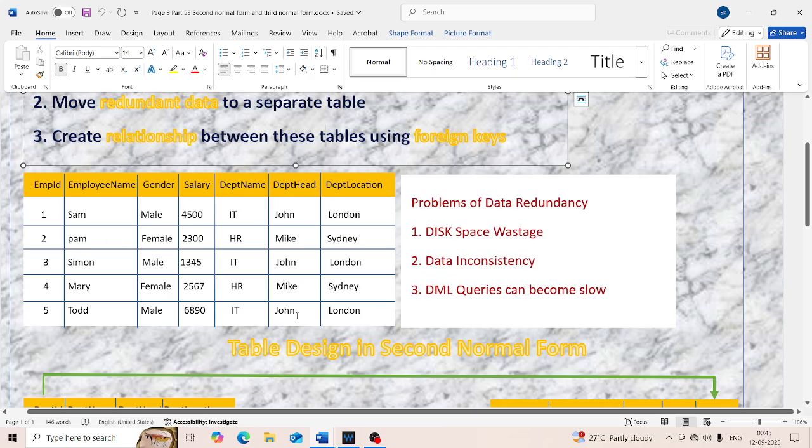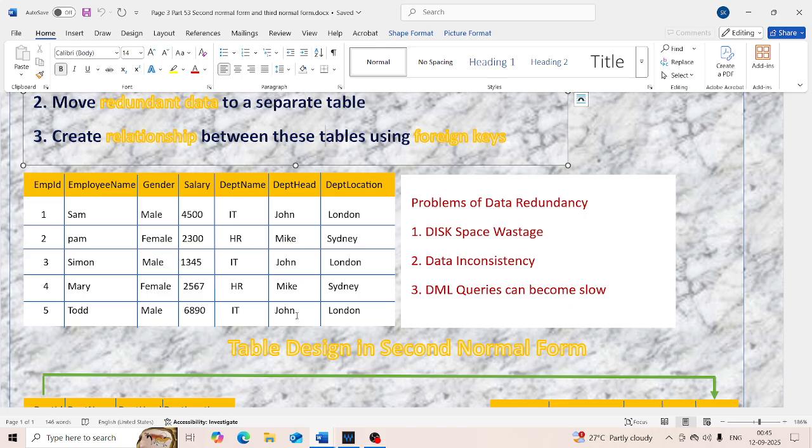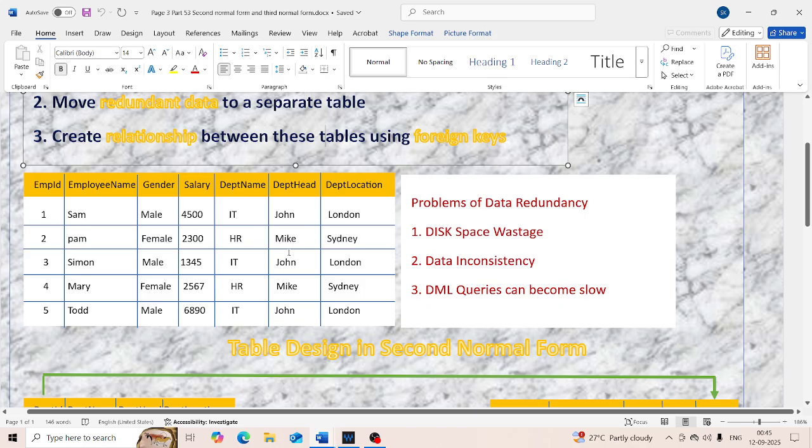And when we look at this data, here the IT department head is Josh, but here it is John. So is your data consistent? It is not consistent.